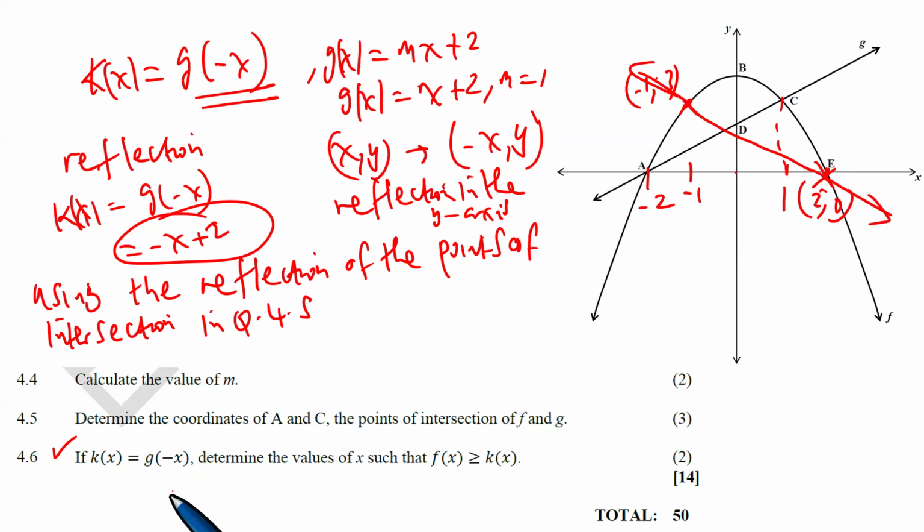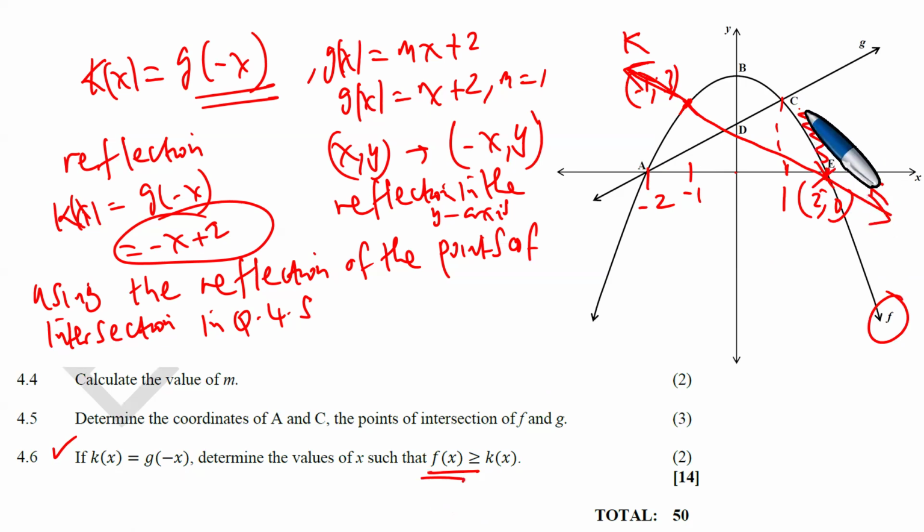So if you had to determine the values of x for which f is above k, this new function is called k of x, but we are looking for where f is above k. We're able to see that here is f, and here is k, the straight line.